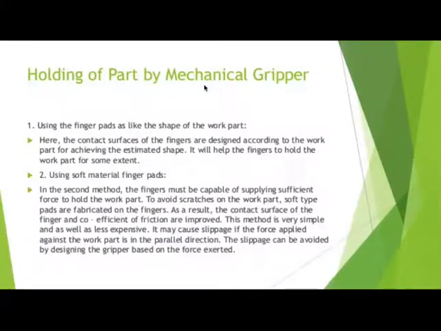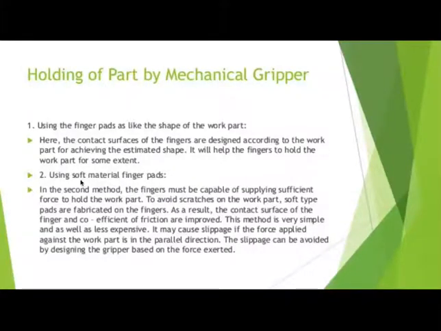Holding a part by a mechanical gripper is done by using gripper pads shaped like the work part. Here the contact surface of the fingers is designed according to the work part, achieving the estimated shape. It will help the fingers hold the work part to some extent.